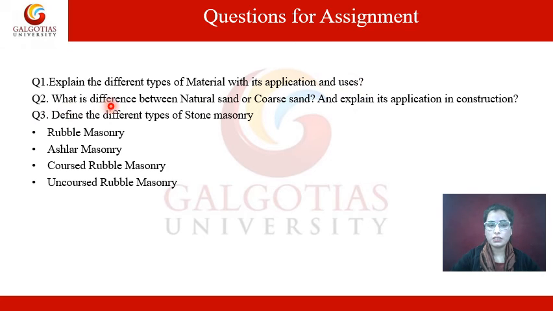Next: what is the difference between natural sand and coarse sand, and explain their application in construction. Question number 3: define the different types of stone masonry. You have to define all these types of masonry: rubble masonry, ashlar masonry, coarse rubble masonry, uncoursed rubble masonry, and you have to support your answer with images or graphically. So you have to solve all these questions.